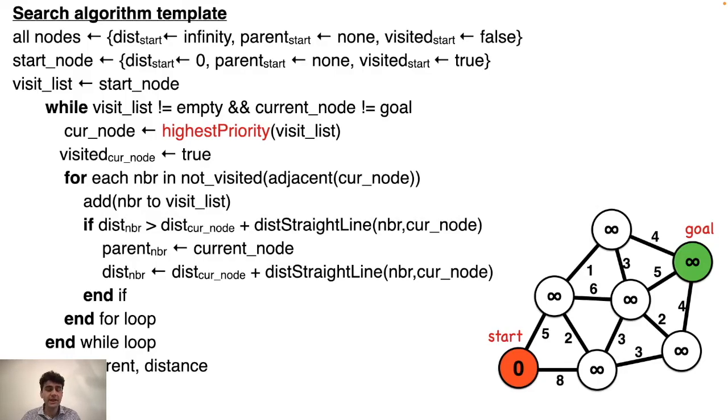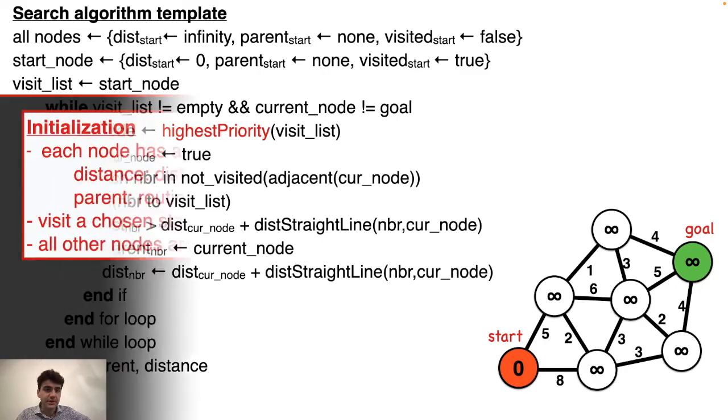What we're looking at here is pseudocode for what we call the search algorithm template. We're going to use this template pseudocode for the remaining sections of the lecture, where it'll be used to represent each of the different search algorithms that we consider, simply by swapping out key lines of code for each of the algorithms.